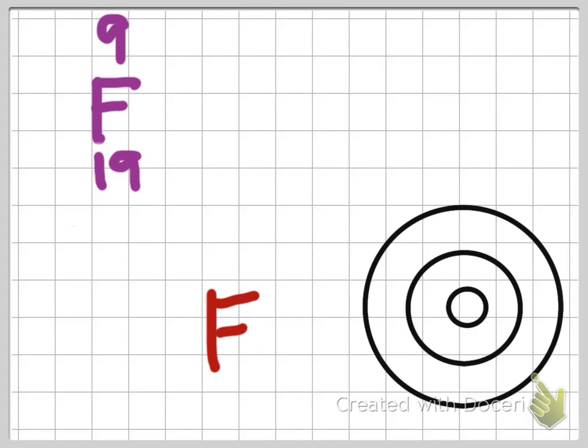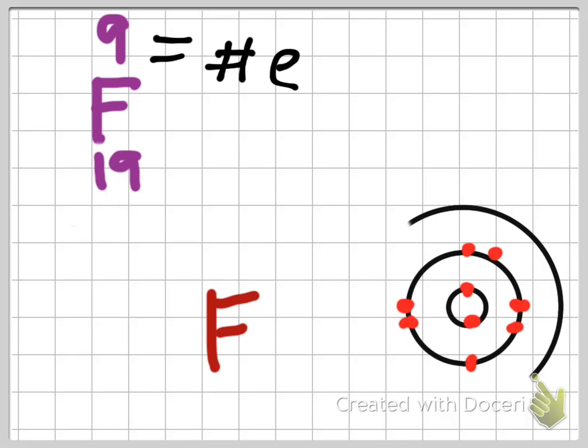All right, let's go ahead and do this one. That would equal the number of electrons. 1, 2, 3, 4, 5, 6, 7, 8, 9. I'll take away that one.